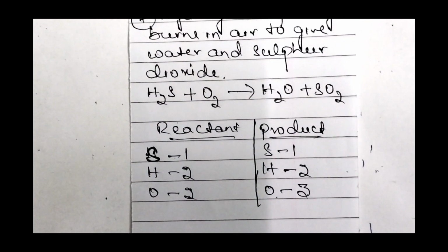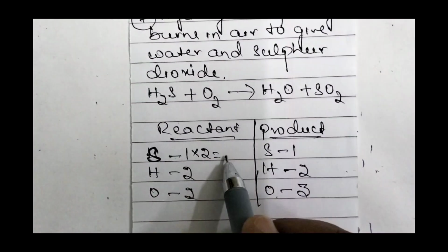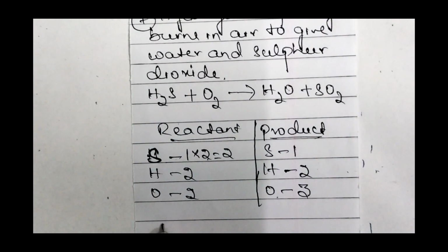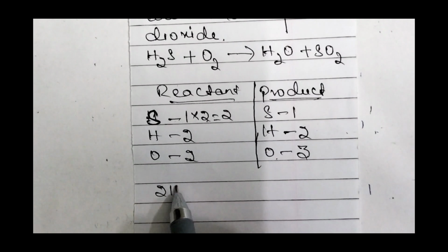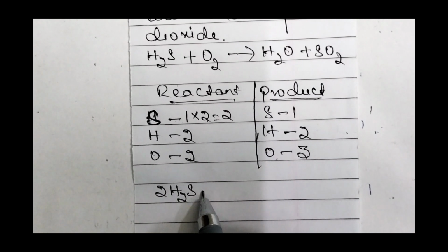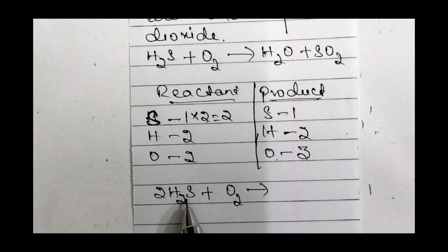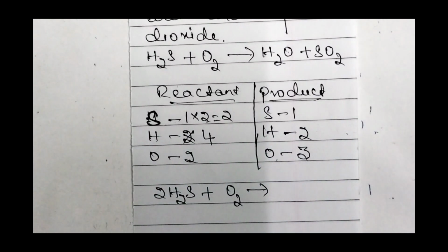So what do we do for that? First, this sulfur I will multiply by 2, so 1 2s are 2, this 2 I will multiply here, it will become 2H2S plus O2 give rise to. So now when sulfur is multiplied by 2, then how much hydrogen will become, 2 2s are 4, you cut these 2 and write down 4, so 4 hydrogen, give rise to.